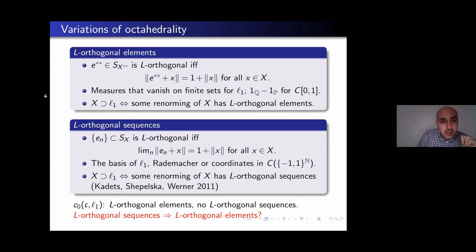The first observation that one can make is that this is true for separable Banach spaces, and this is essentially following the ideas from Moret's original paper, where there is the origin of this theory. For separable Banach spaces, it is true that if I have L-orthogonal sequences, then there are L-orthogonal elements.